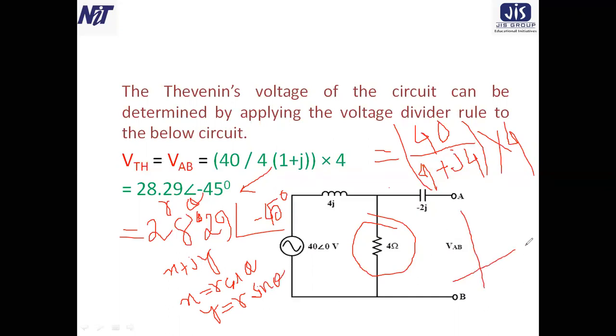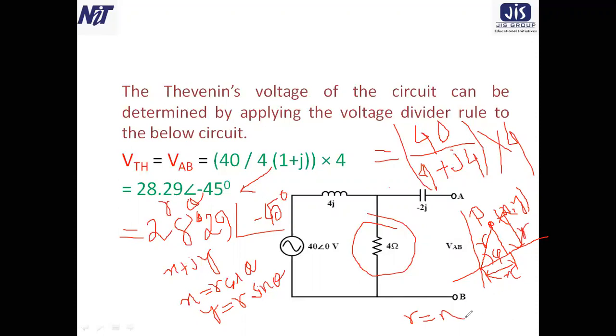So if this is the point P, and this part is x and this part is y, it is r and it is phi. Then what will be the value of r? We know that r square equals x square plus y square, because this is x, this is y.